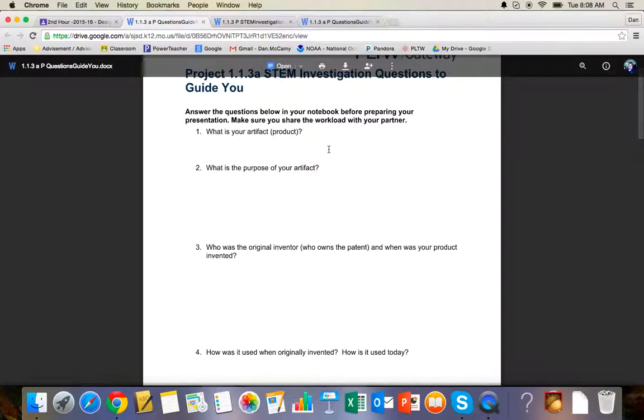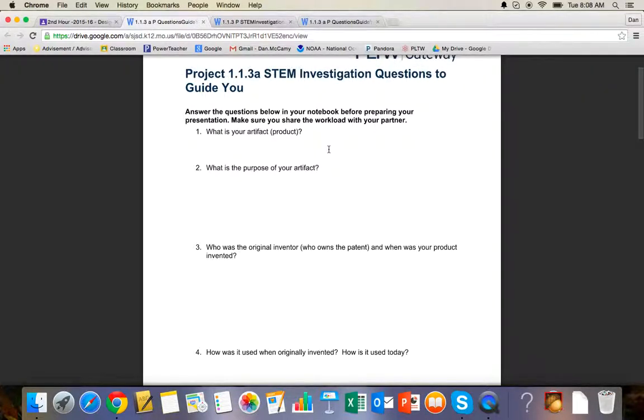We need to know, what is your artifact? What's your product? What are you actually researching? And what purpose does your artifact have? That could be a number of different things. Obviously, the purpose of the automobile was to provide transportation and make it easier to get from one place to another.